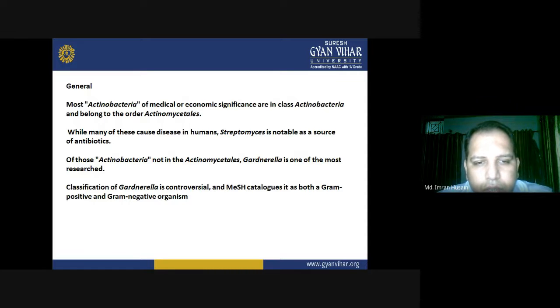Of those actinobacteria not in Actinomycetes, Gardnerella is one of the most researched. Classification of Gardnerella is controversial, and MeSH catalogs it as both a gram-positive and gram-negative organism.